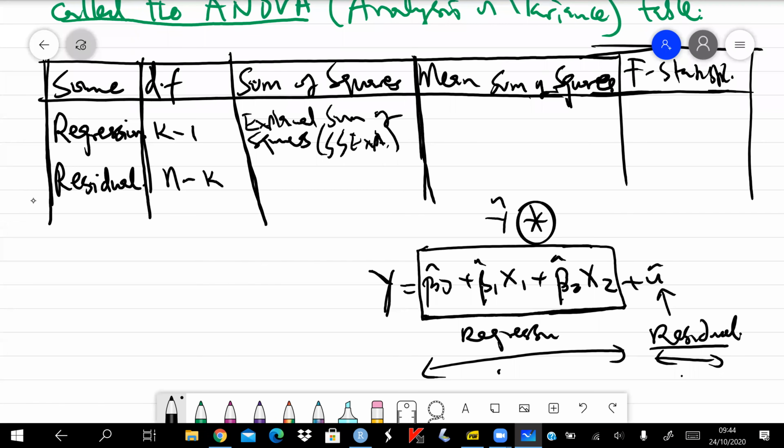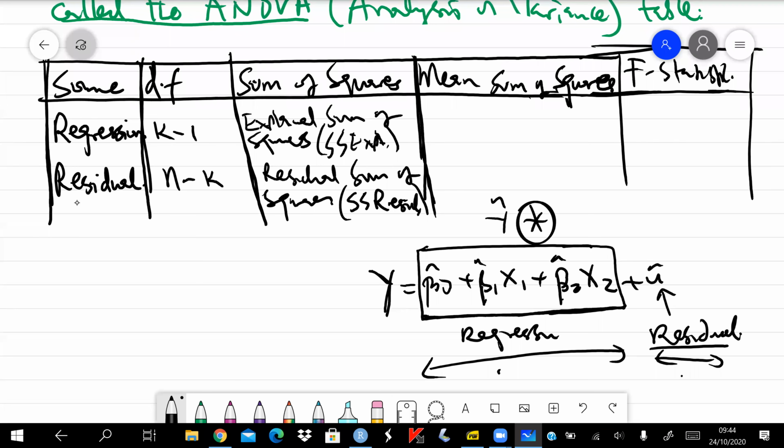And the type of variation we have down here is the unexplained sum of squares, or the residual sum of squares, which we denote SS resid.